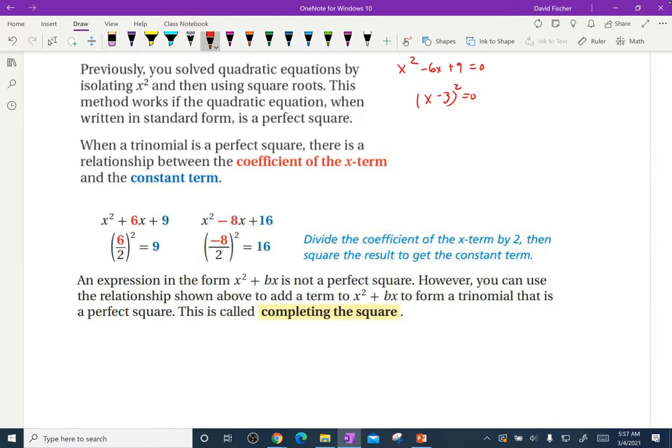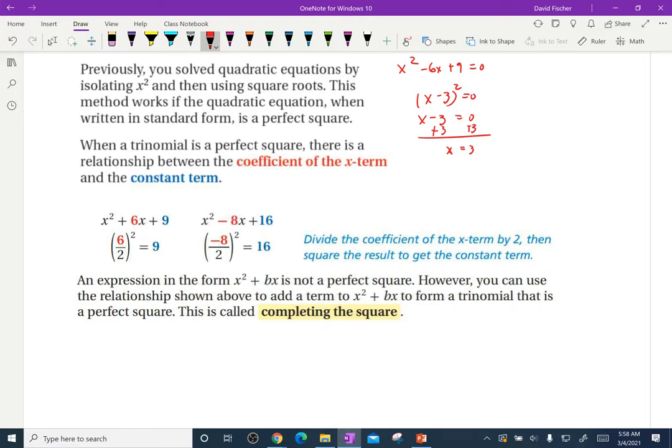We would say, hey, that's a perfect square. 3 times 1 is 3, and if I squared it, I would get a minus 6. And so then we would do this. We'd say x minus 3 equals 0, and we would add 3 to both sides, and we would say x equals 3. My zero is 3.